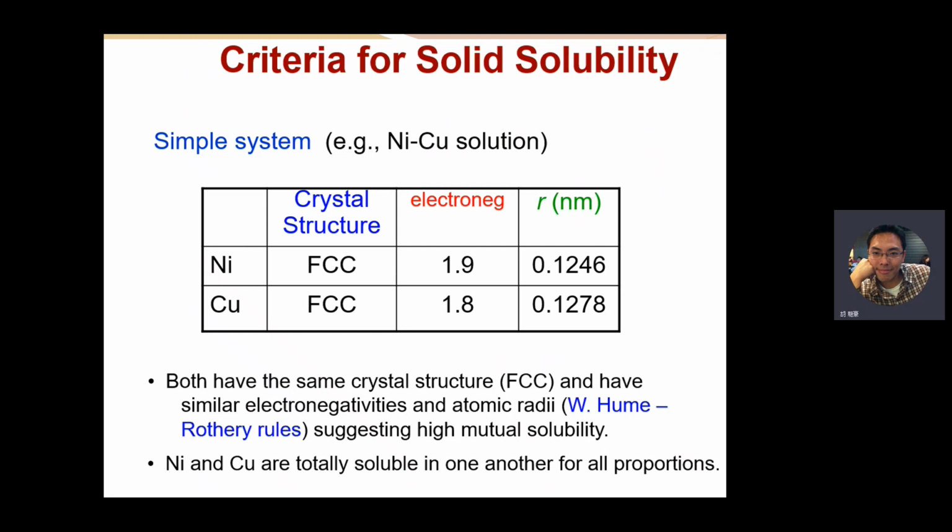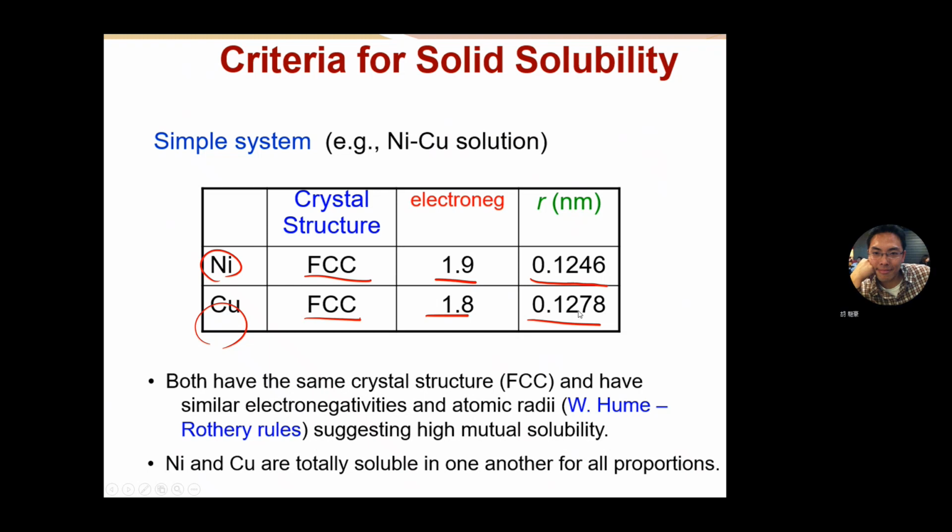As we already mentioned, nickel and copper, yes, the unlimited solubility. You can see you have the same structure, FCC, the same electronegativity, and almost the same atomic radius, right?